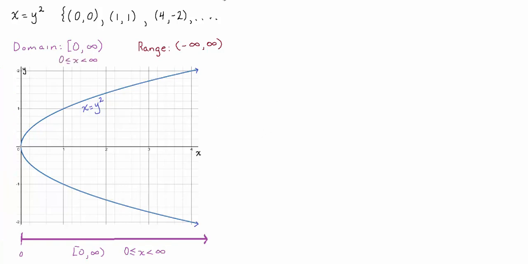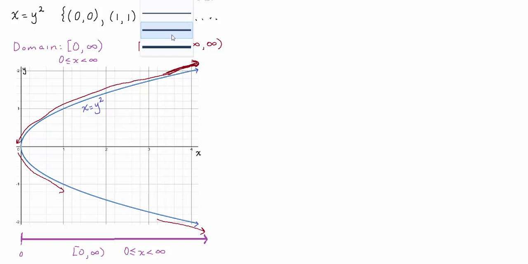Looking at this graph vertically, we see that our graph is going upward forever over here, and it goes down to hit 0, and then it continues going downward forever, and every real number is a possible value for y.